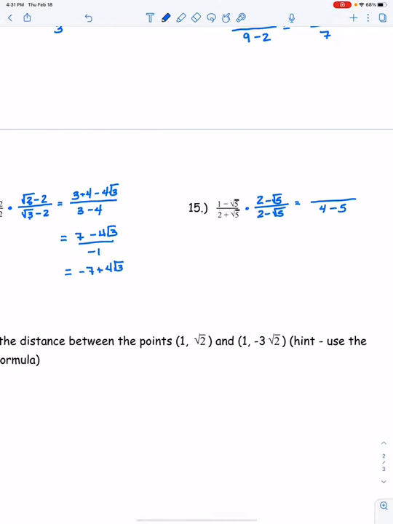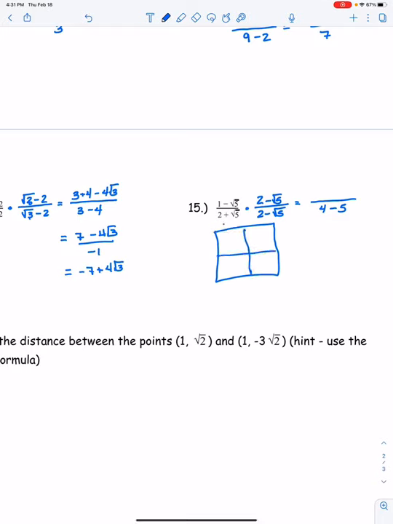5. And now I'm going to FOIL my numerator. So if you would want me to, I'm going to do the Punnett Square because it seems to be the easiest for most of you.